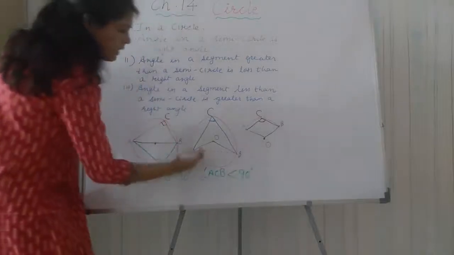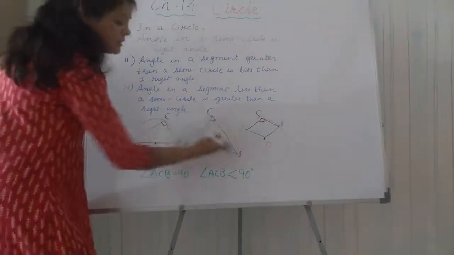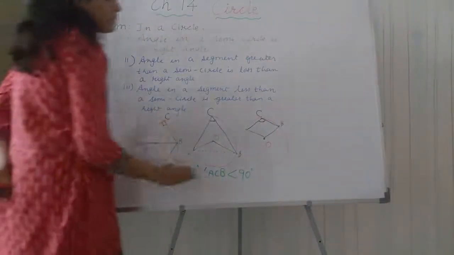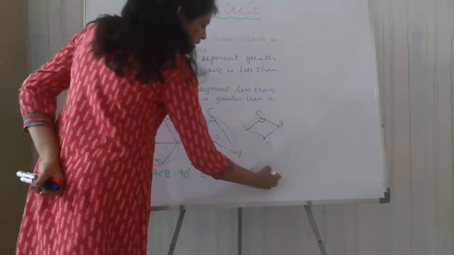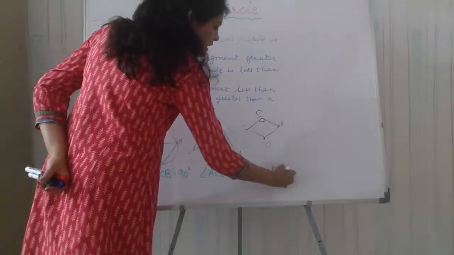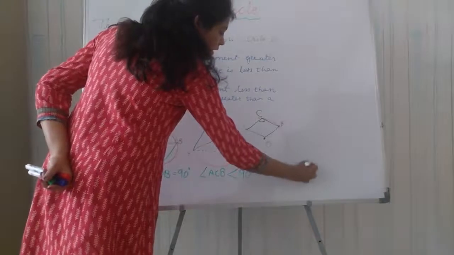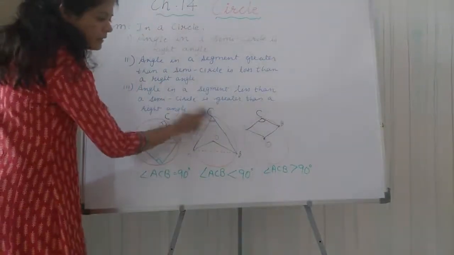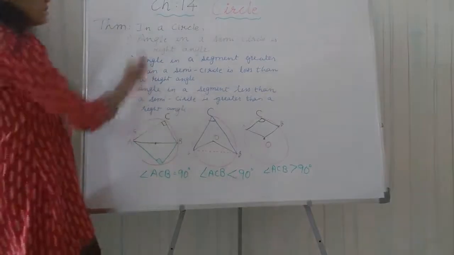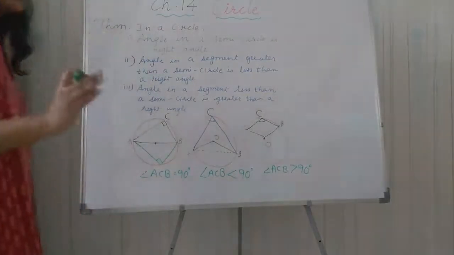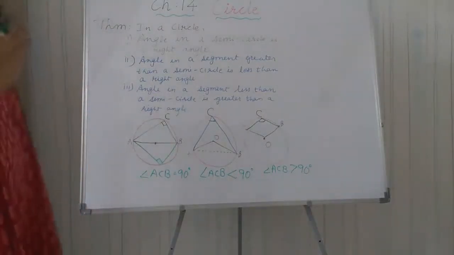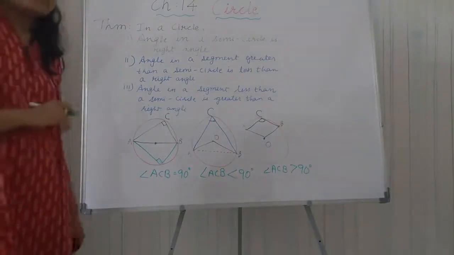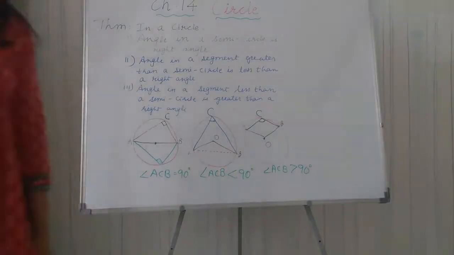You see why? Because it is a greater segment than the semicircle. Then in this case, angle ACB is always greater than 90 degrees. You can see this is the obtuse angle, and here it is the acute angle. So these three cases will be helpful to you in problem solving in the exercise of chapter 14.